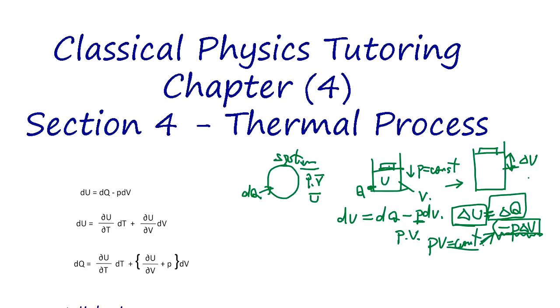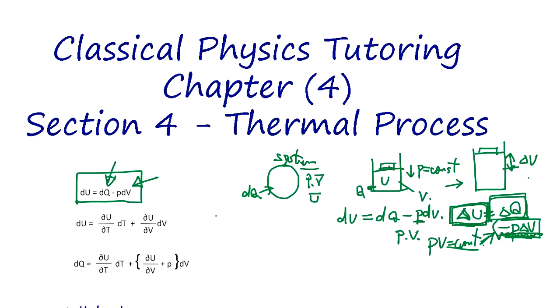Okay, so we assume internal energy exists other than the kinetic energy and heat energy. That's what this equation is about. So dU is heat energy given minus work performed.